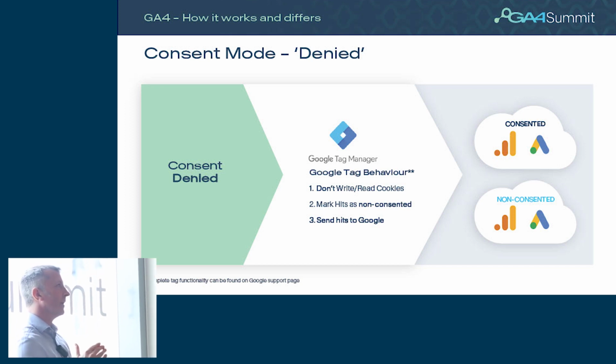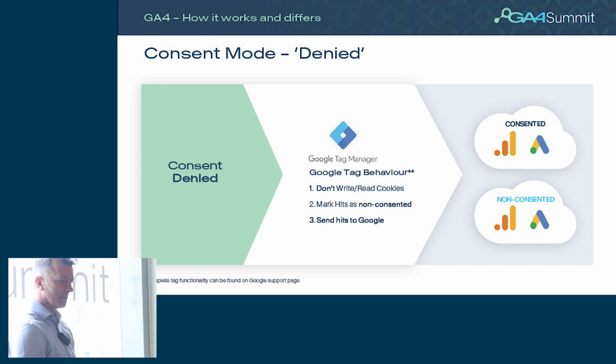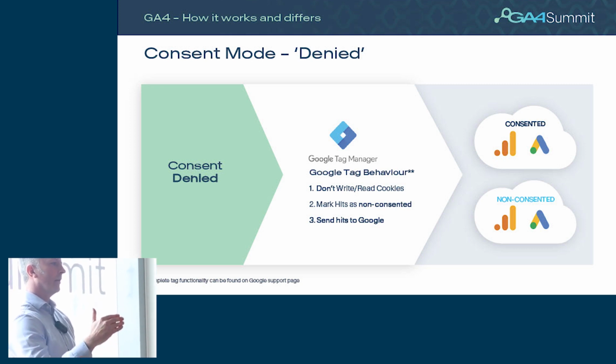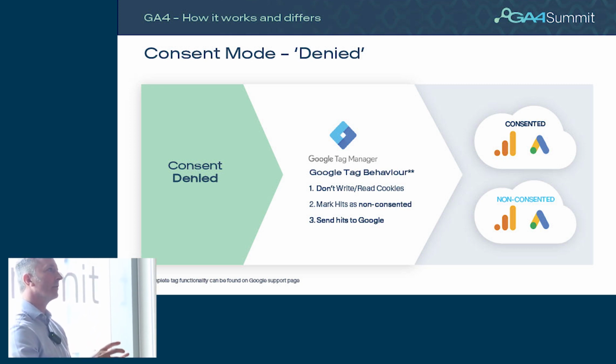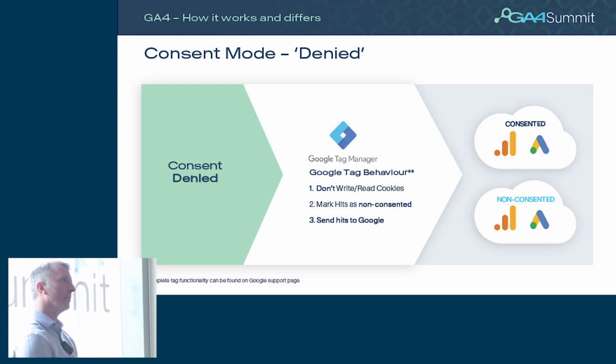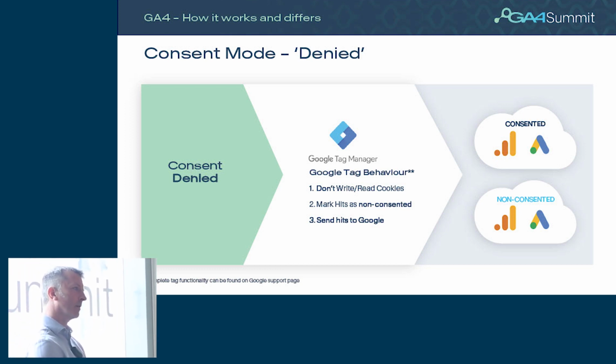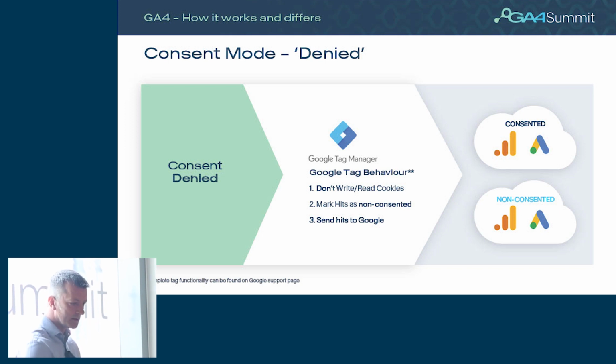But the clever bit is where some of those customers are saying, no, you can't place a cookie on that first page before they do anything. Google Tag Manager will alter the behavior of those Google tags, so it does not place or read a cookie. So from a cookie point of view, you will be compliant.